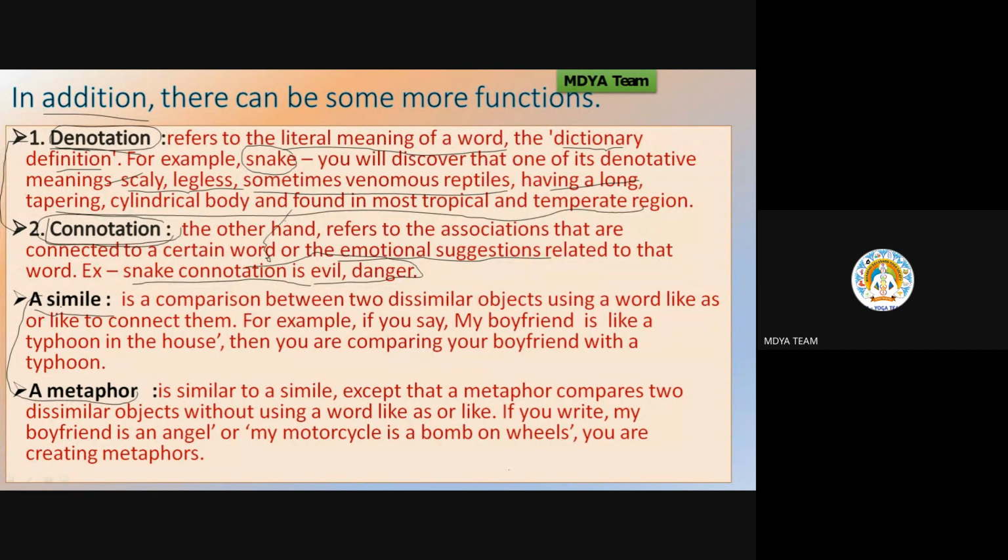Okay. So simile and metaphor, both are used as comparison between two dissimilar objects. Remember this? Both simile and metaphor are used for comparison between two dissimilar objects. Now, what's the difference between simile and metaphor?